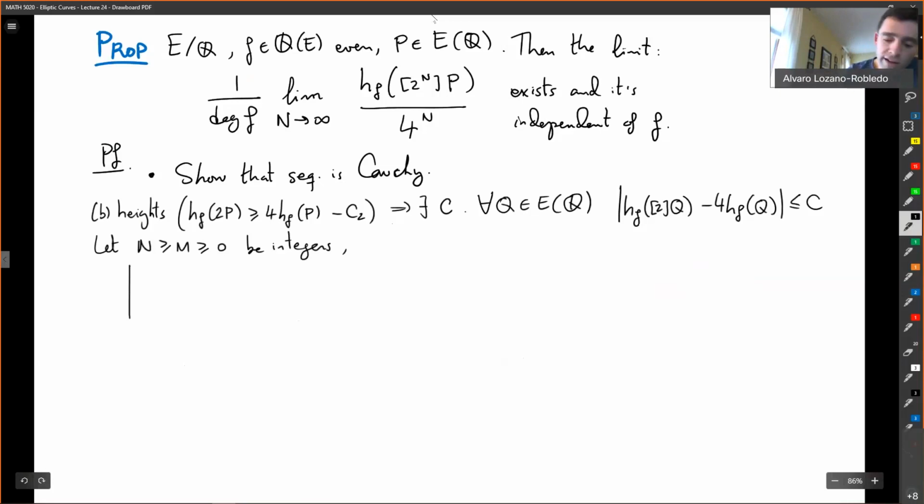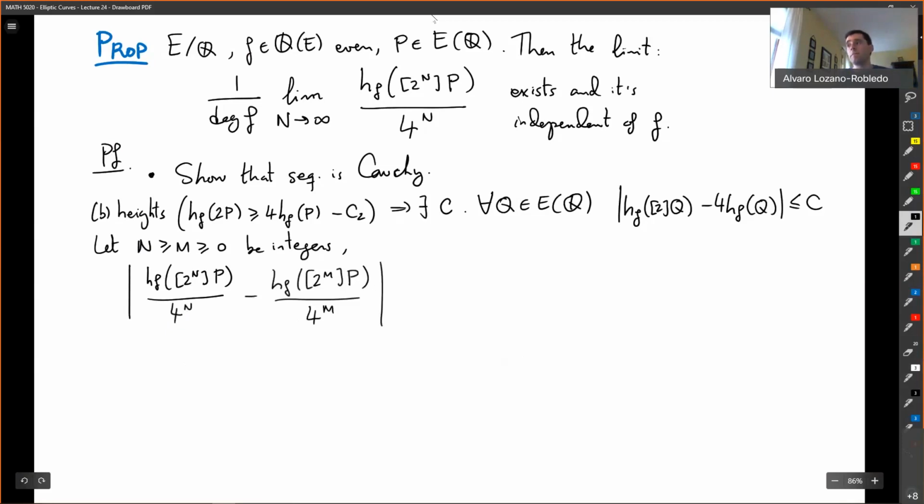So what I want is h_f of 2 to the n P divided by 4 to the n, minus the height of 2 to the m P divided by 4 to the m. I need that to be bounded.